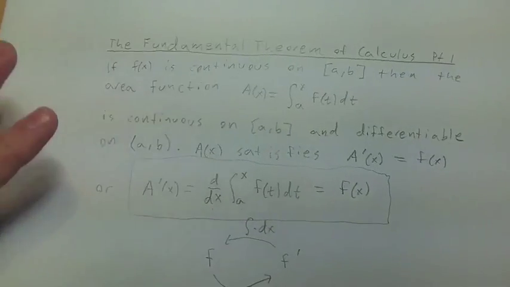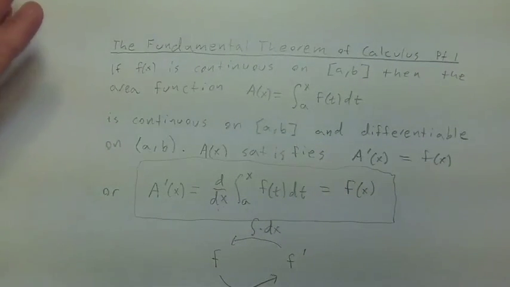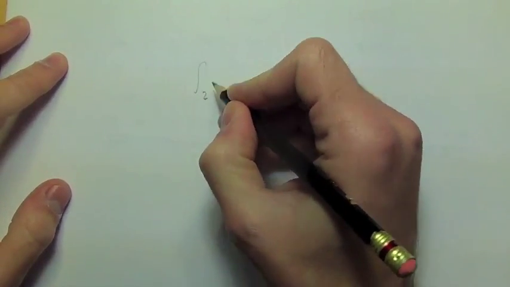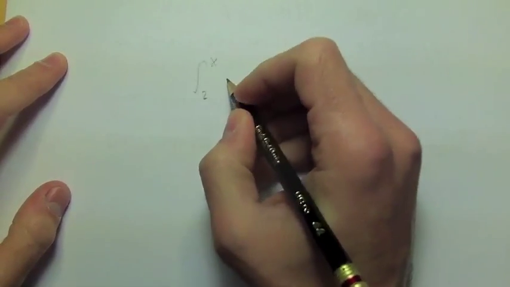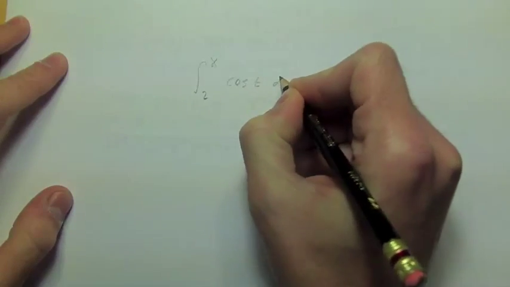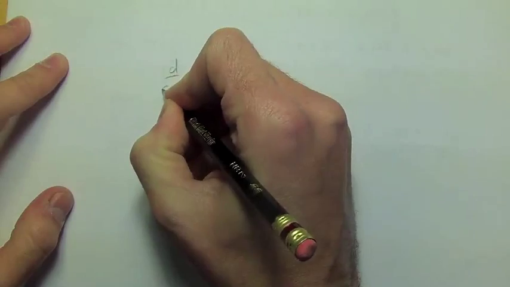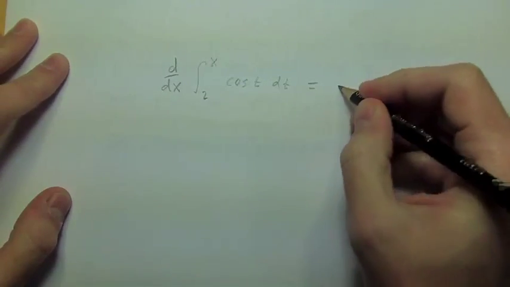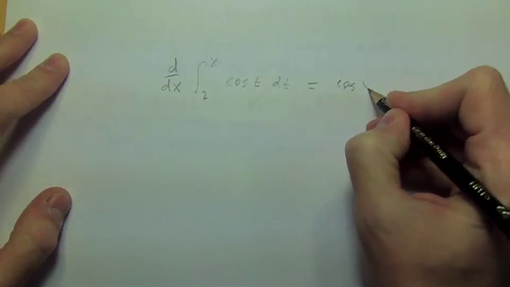But as far as problems dealing with this, you probably won't see very many, but if you do, say you have this integral here, maybe from 2 to x of cosine t dt, and you're taking the derivative of that. Right, it's simply just cosine x.